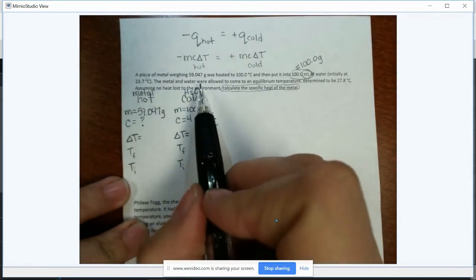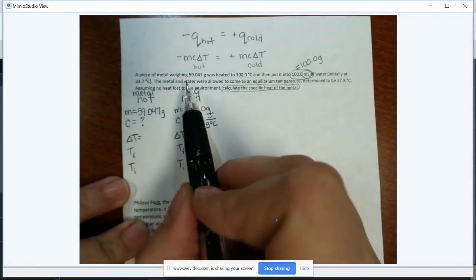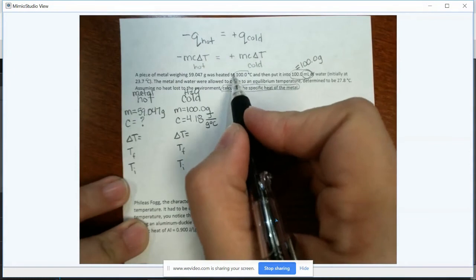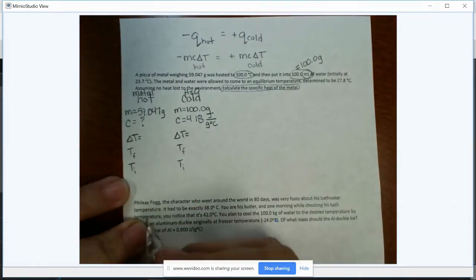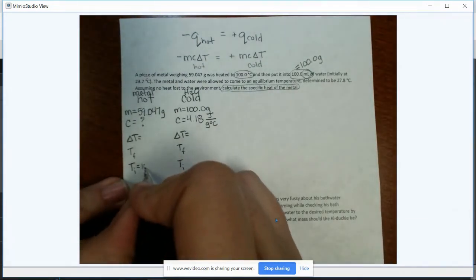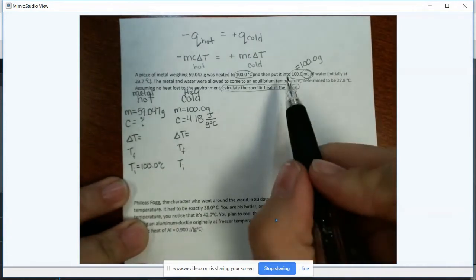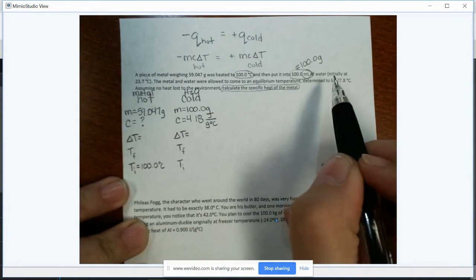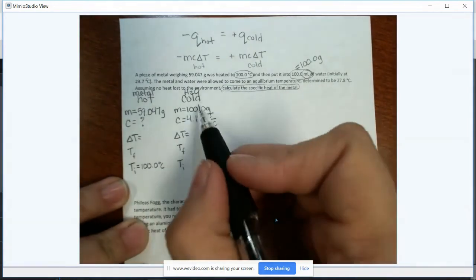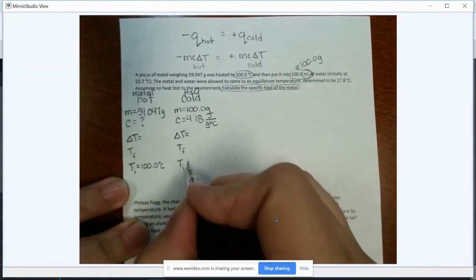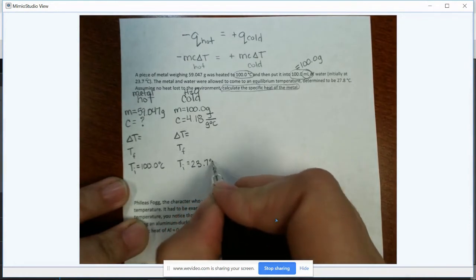So when we pick this apart, this says we take the metal and heat it up to 100 degrees Celsius. That is the initial temperature of the hot metal, 100 degrees Celsius. It also tells us that the water is initially at 23.7 degrees Celsius. So in my cold water column, I have 23.7 degrees Celsius.